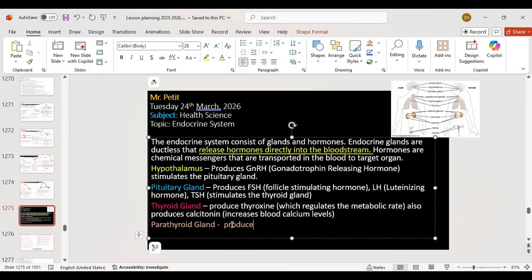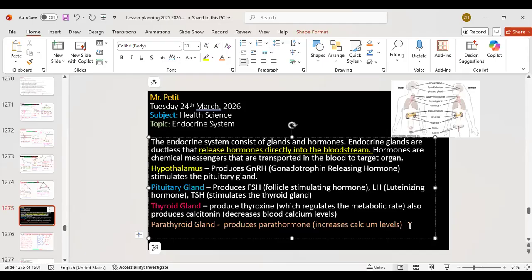Yes, it produces parathyroid hormone. This one increases calcium levels. So change that. It's the opposite. All right, cool.